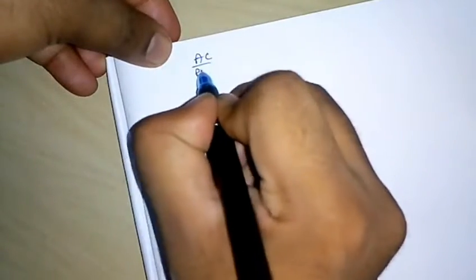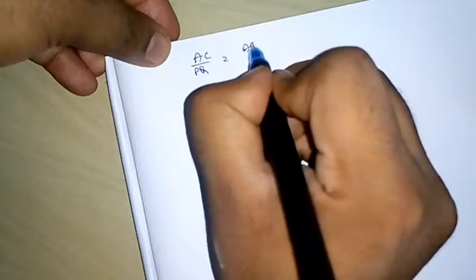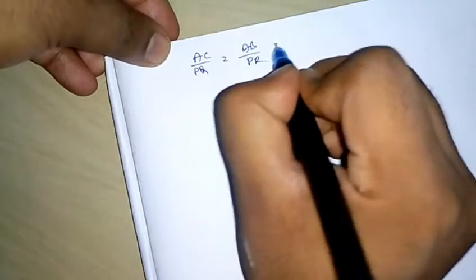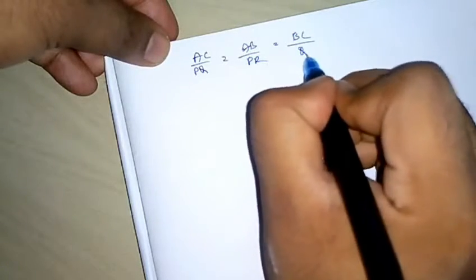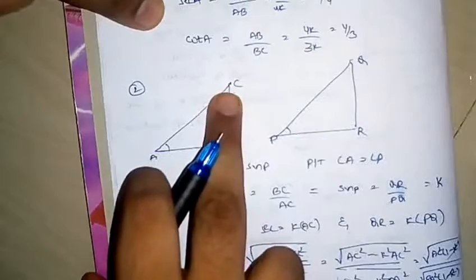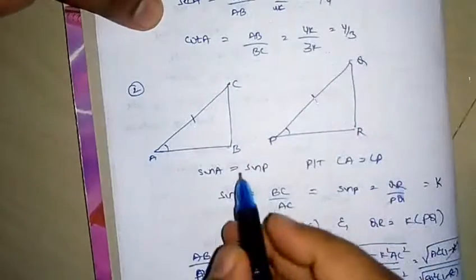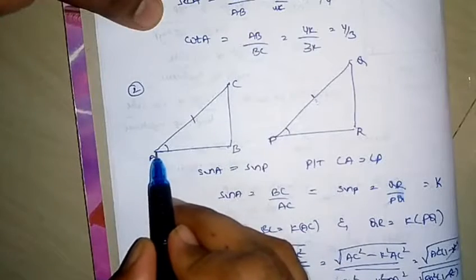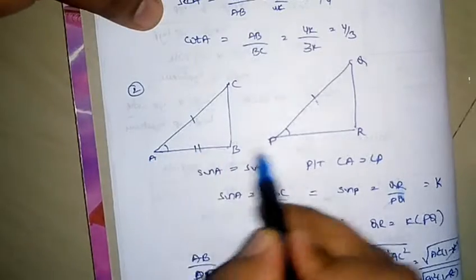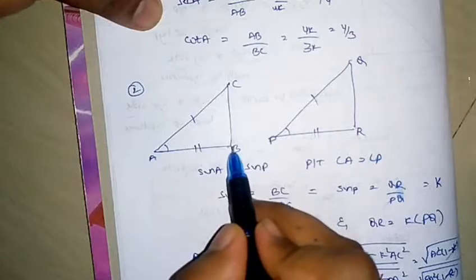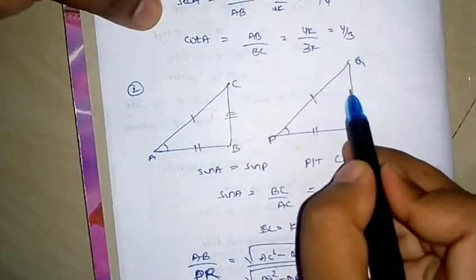From this you got that AC by PQ is equal to AB by PR is equal to BC by QR. That is, AC by PQ is equal to AB by PR, which is equal to BC by QR.